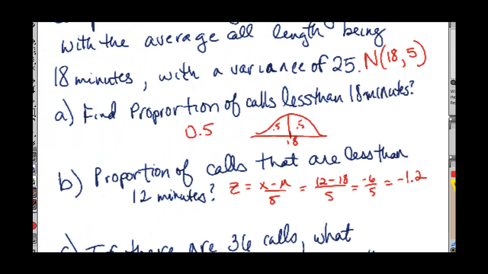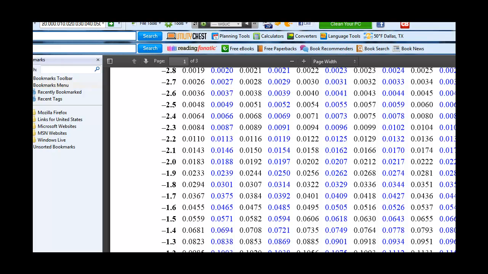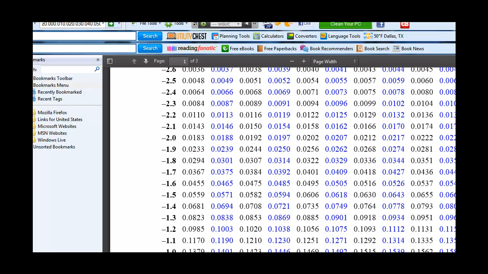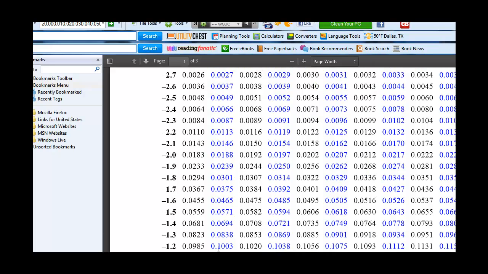We check out our Z-score table, and a negative 1.2 value is what we're looking for. So we come over here, negative 1.20 is what we need, and 0 is the last column in blue there. This table can be found on my website, and that looks like 0.1151.